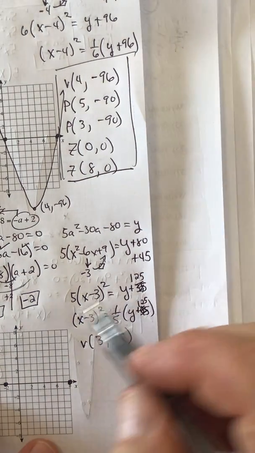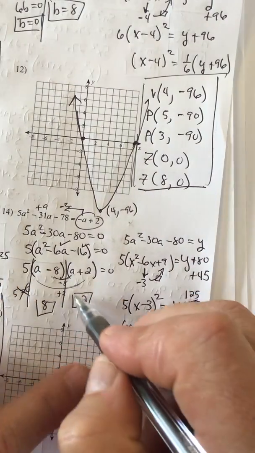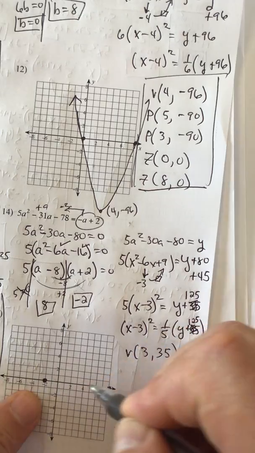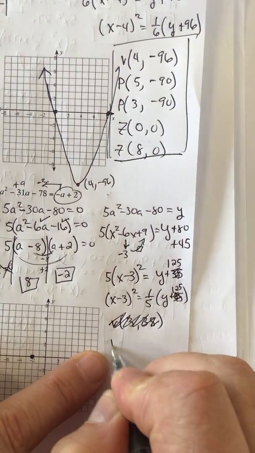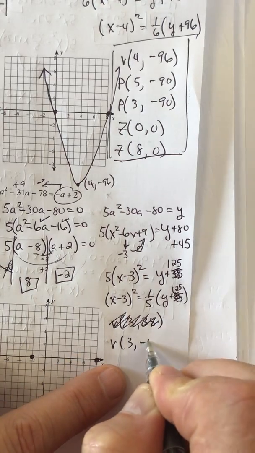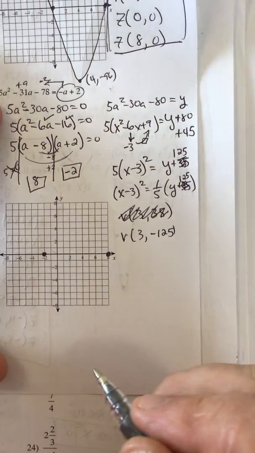See, I knew that couldn't be right because that would put the vertex here. And since it was positive, it has to loop up, and the zeros were beneath it. Okay, so now we got a vertex at 3, negative 125. The vertex is way down here somewhere.